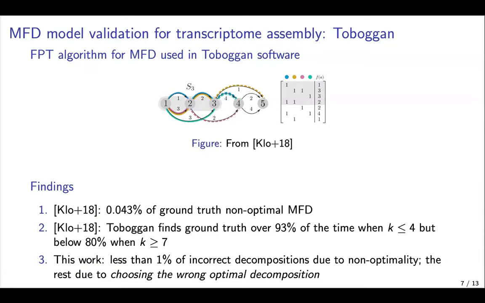This provides another reason to formalize the FDSC problem, as we do here, because just using flow decomposition, or MFD, isn't enough, as we have more and more transcripts, and so we can use subpath constraints to try to narrow down the true decomposition from amongst the optimal ones.